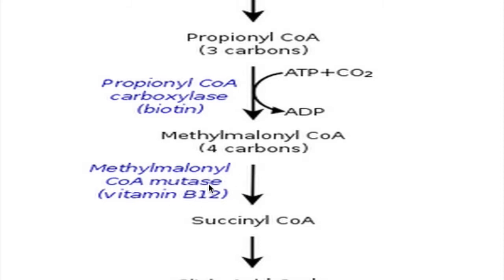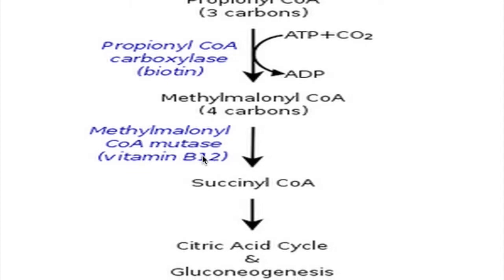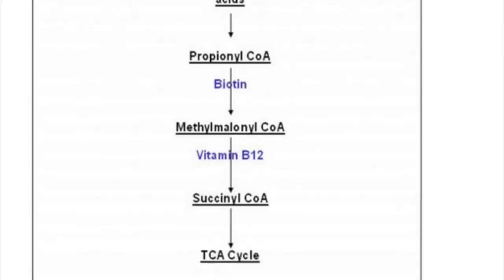And this is the step where this enzyme requires vitamin B12 for the conversion of methylmalonyl-CoA to succinyl-CoA. Deficiency of vitamin B12 prevents the conversion of methylmalonyl-CoA to succinyl-CoA, leading to excess methylmalonyl-CoA or methylmalonic aciduria. So this is the other picture.